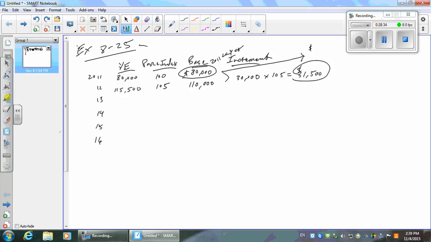So this is my 2011 layer, which is also my total inventory. This is my 2012 layer, and this is my 2012 inventory. Some of that is from 2011, 80,000, and some of it is from 2012, 31.5. Got it? And then we just keep rolling.